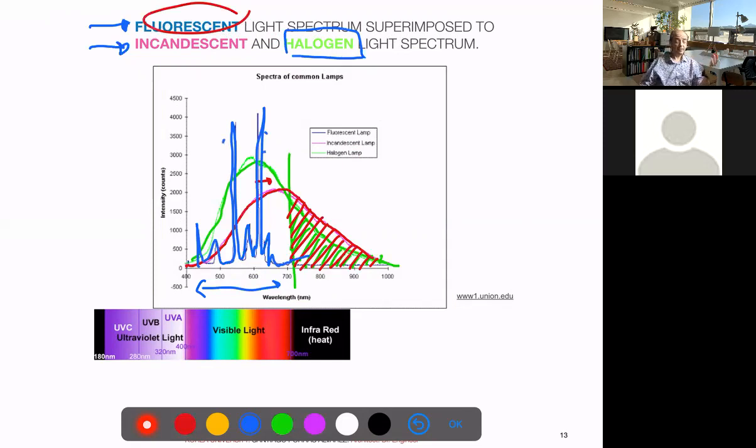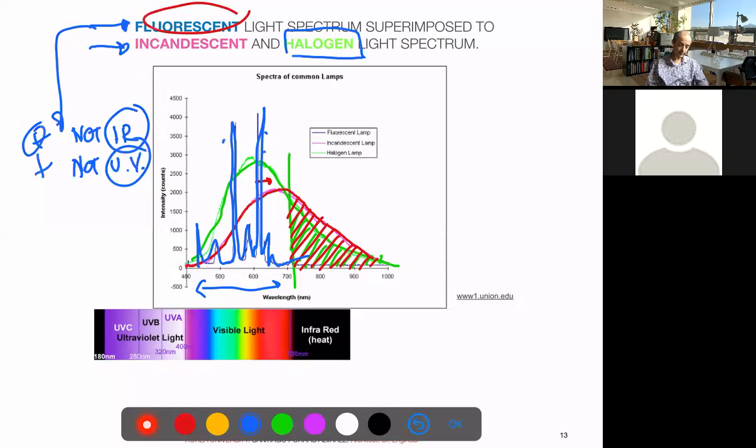So in modern fluorescent lights, they sell it as daylight because it mimics it very well. And they have the advantage of not having infrared, so there's no heat loss, but there's also no ultraviolet. So it's a great advantage, right?